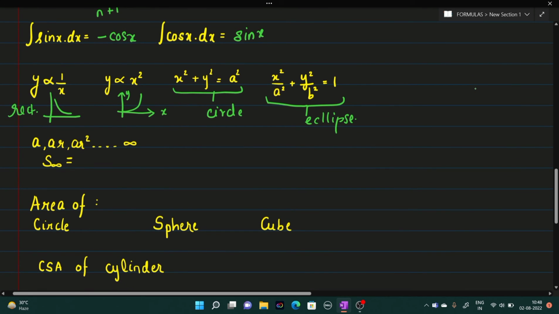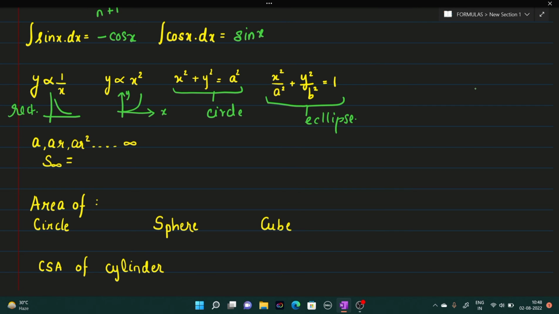Next is summation. When terms are in the form of a r square and go to infinity, the sum of infinite terms is equal to a upon 1 minus r.